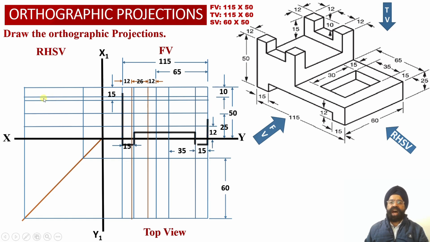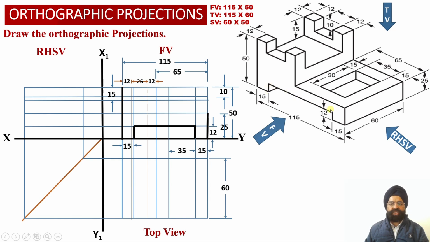So let us now obtain the projections corresponding to the edges which are visible to the observer from the front view orientation over here. As the observer is going to look at the solid from the front view orientation, we can check this vertical edge will be visible to the observer. This horizontal base edge corresponding to the first leg of the solid will be visible to the observer.